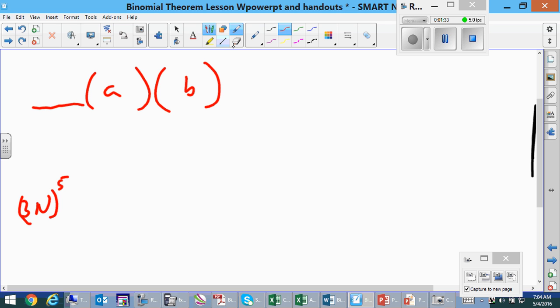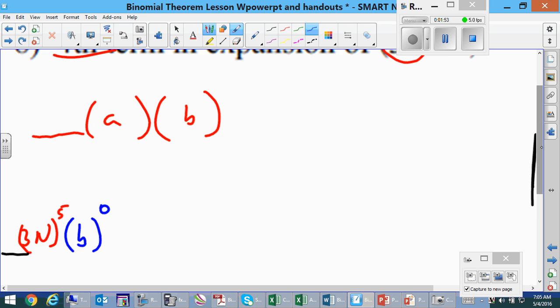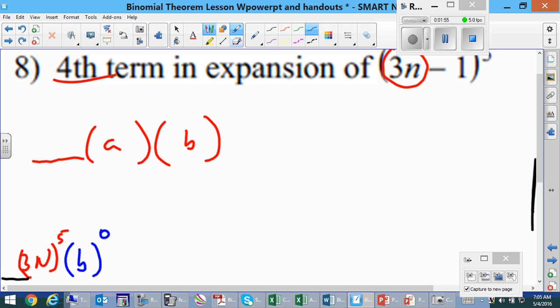That's going to have room for the coefficient from Pascal's triangle in front of it. We also want the power of B, and we know in the first term B is to the 0 power, and that B was -1, correct? So we're going to use -1, but we know anything to the 0 power is 1, so that whole idea is going to disappear, but I'll pencil it in for now. -1 to the 0 power.